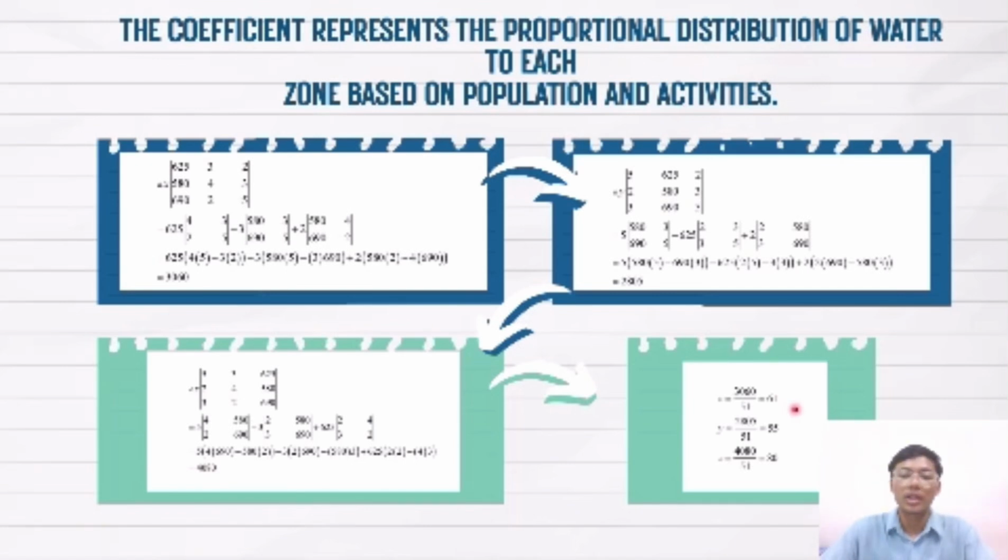So that's how you solve this problem using a Cramer's rules method. Okay, so this is the exact value for x, y, and z. So x we get a 61, y we get 55, and z we get 80.